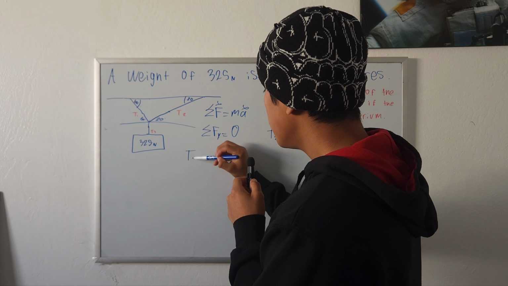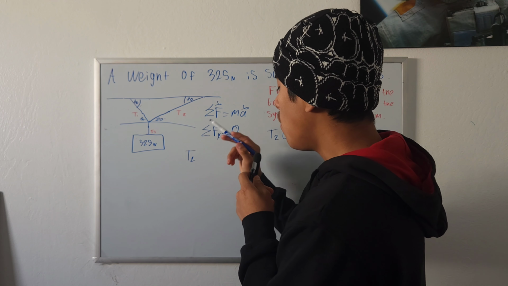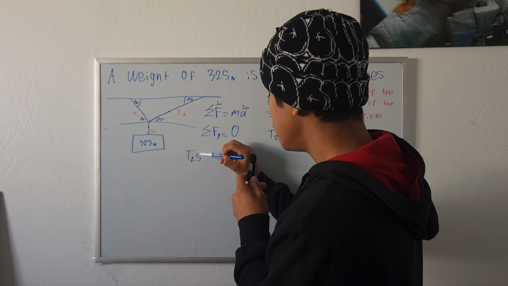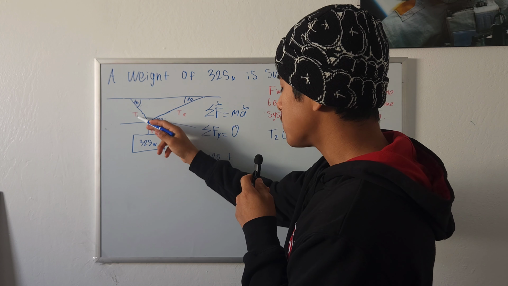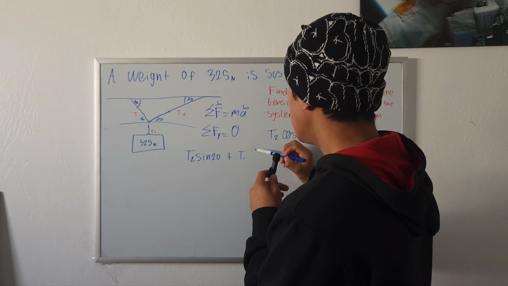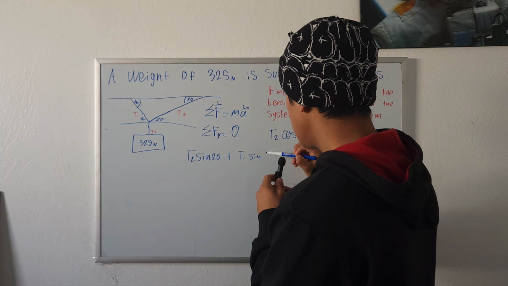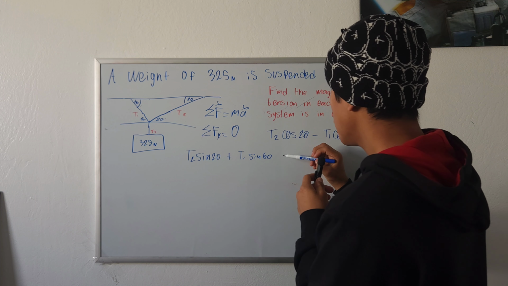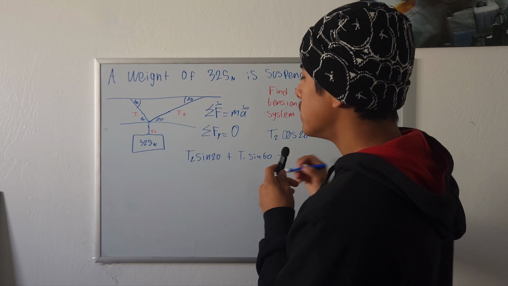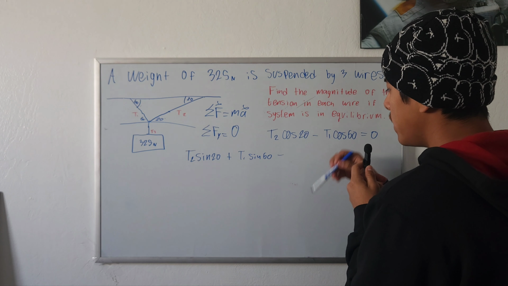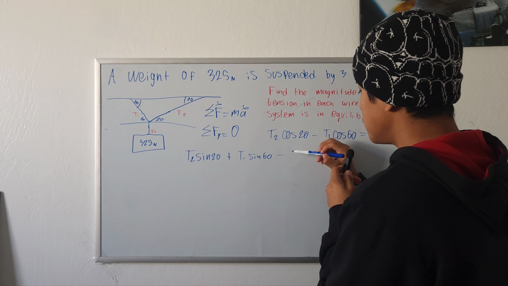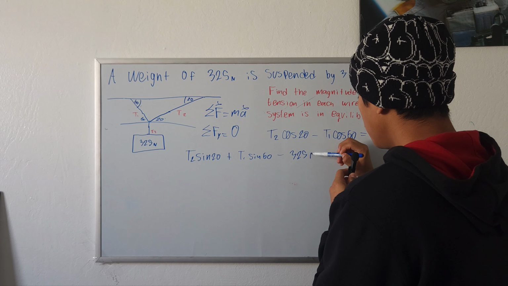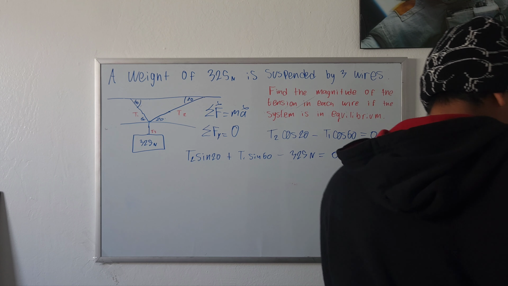So I'm going to have T2, only the vertical component, so T2 sine of 20 plus, because this one is helping it, T1 sine of 60 minus the 325 newtons, because that's pulling down. So it's going in the opposite direction. So 325 newtons is equal to 0.